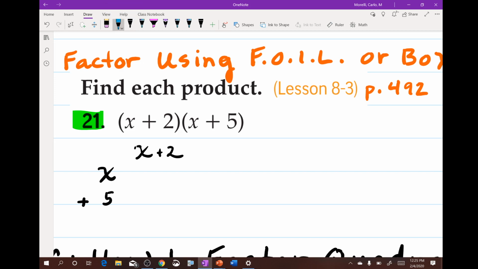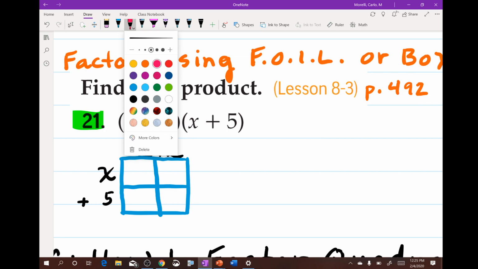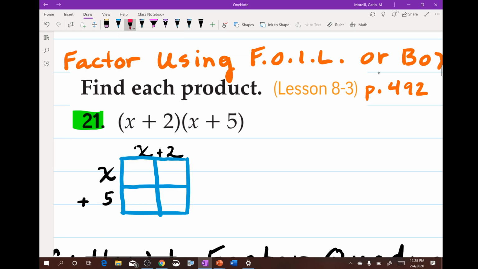Now we draw the box, or as someone said, why don't you call it a window? Because it looks like a little window. Now we fill out the box. What's x times x? What's 2 times x?